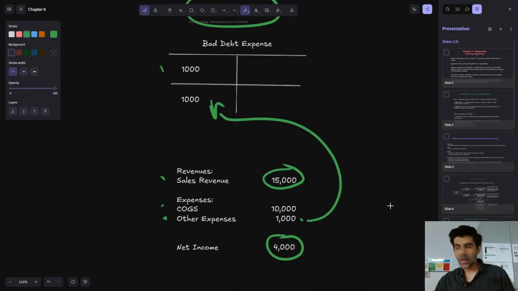But this 1,000 is already assuming that some of that 15,000 is not going to materialize. So this net income is now cleaner, right? We now have accounted for some of those credit sales not being collectible. Does everyone agree with that?